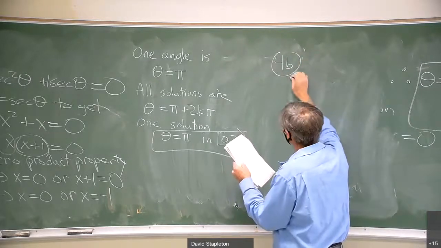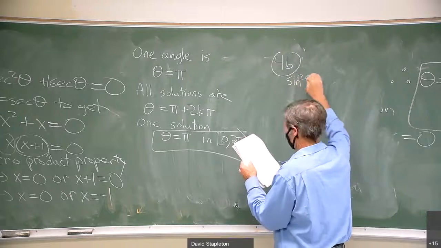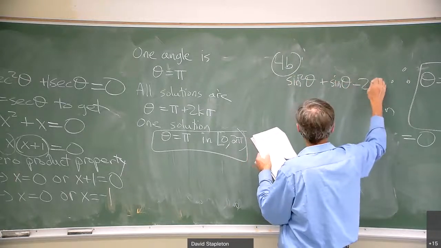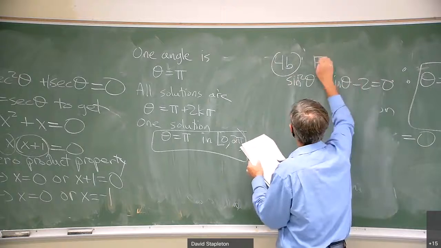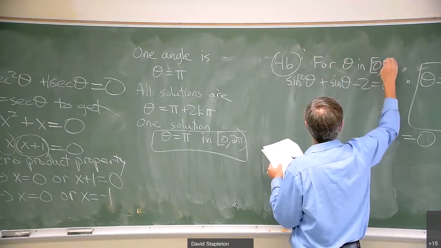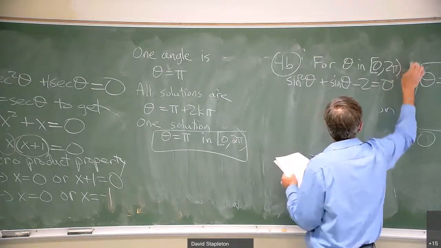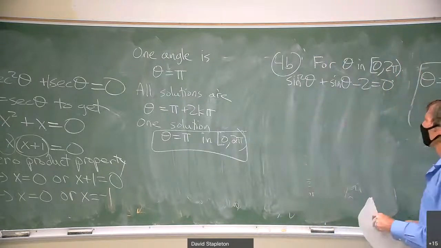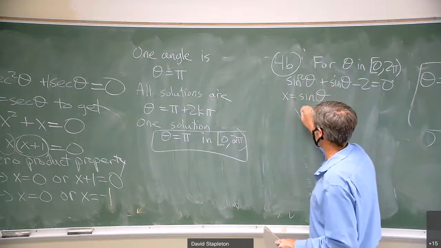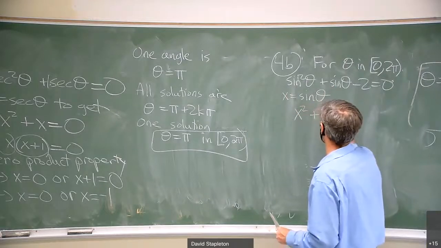Solve sine squared theta plus sine theta minus 2 equals 0 for theta between 0 and 2 pi. We'll write this notation. Suppose I want to solve that one. Now I put x equals sine theta to rewrite as a quadratic equation, x squared plus x minus 2 equals 0.